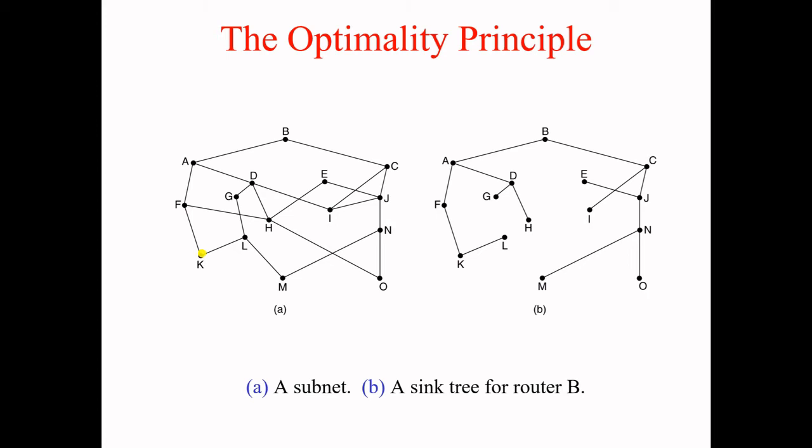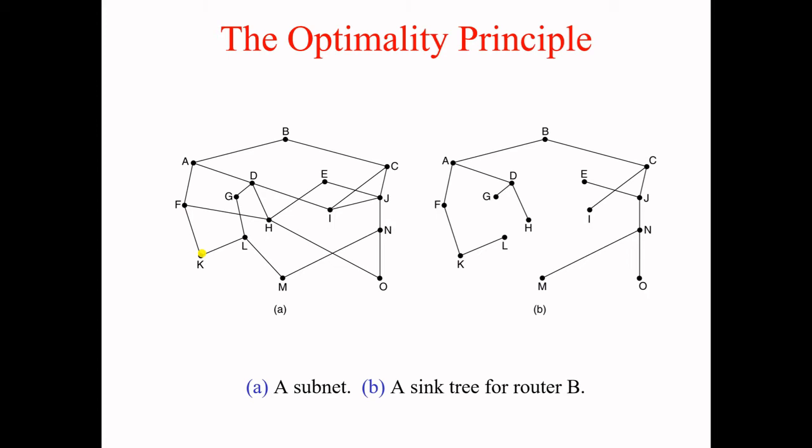To see this, we can call the part of the route from I to J R1 and the rest of the route R2. If a route better than R2 existed from J to K, it could be concatenated with R1 to improve the route from I to K. This is contradicting our statement that R1, R2 is optimal. So there can be many cases of optimality. It depends on the situation.